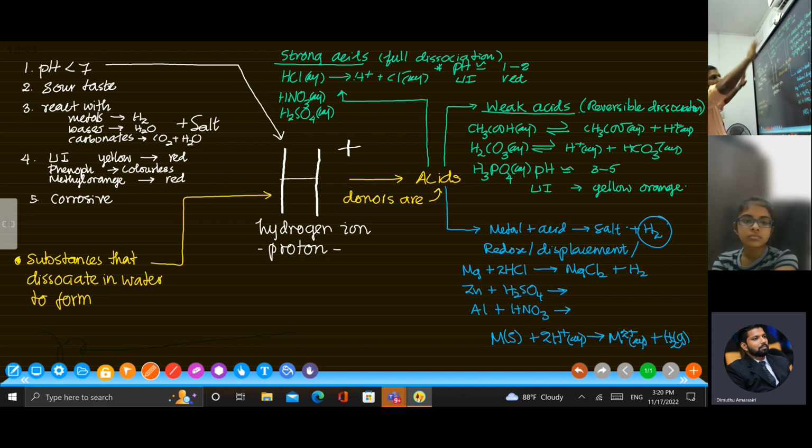This is what you call effective study. So this is 0, this is +2, thereby this process is oxidation. And here hydrogen ion is reduced. That's why you call this a redox reaction.